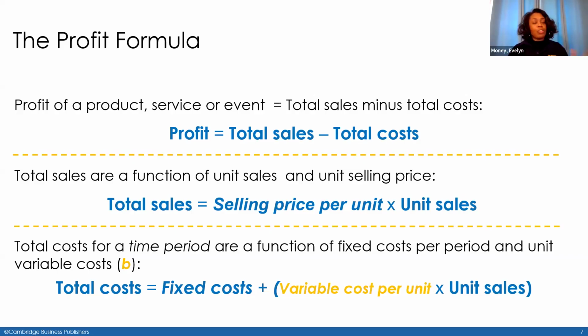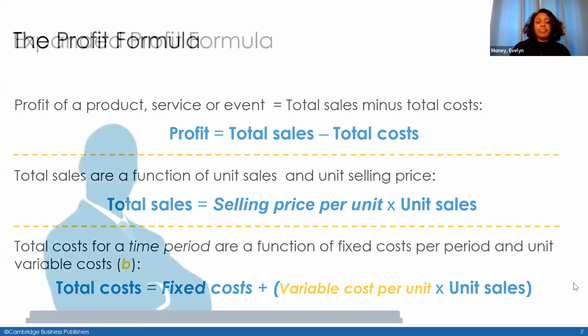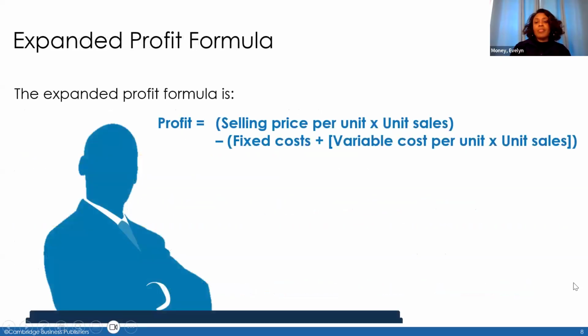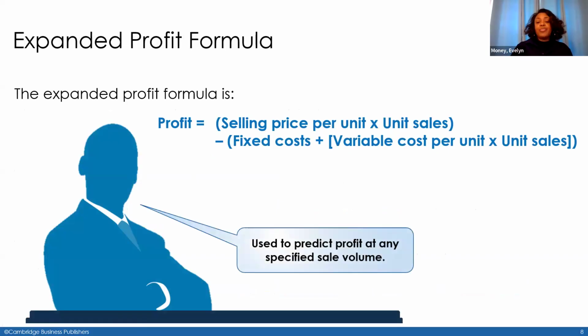But that variable cost per unit needs to be multiplied by the same unit sales that we had up here for total sales. So there is the expanded profit formula, all nice and neat. Tons of words there, but I can certainly use this to predict profit at any particular sales level.